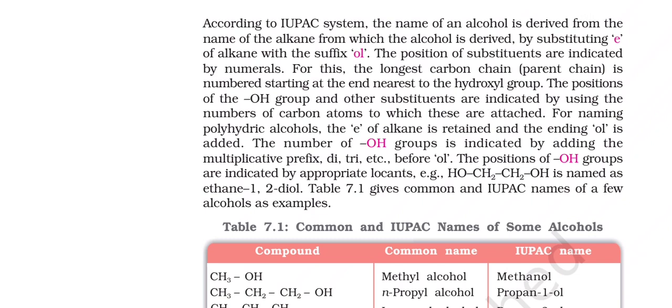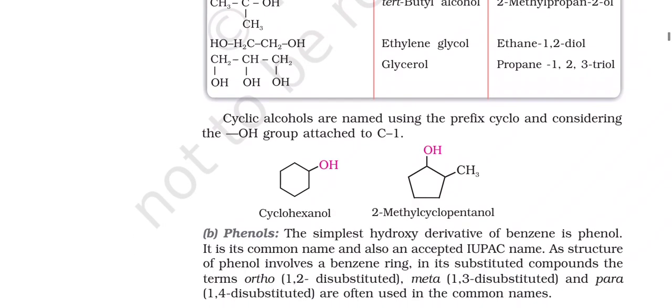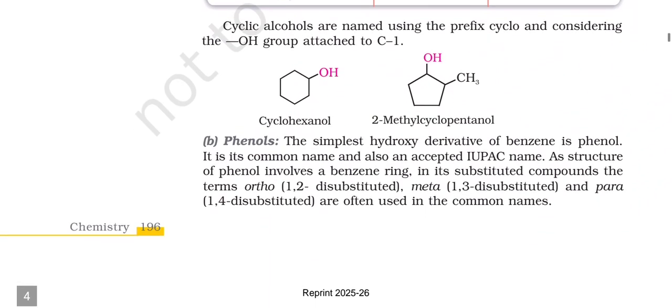The number of OH groups is indicated by adding the multiplicative prefix di, tri, etc. before OL. The positions of OH groups are indicated by appropriate locants. Example, HO-CH2-CH2-OH is named ethane-1,2-diol. Table 7.1 gives common and IUPAC names of a few alcohols as examples.